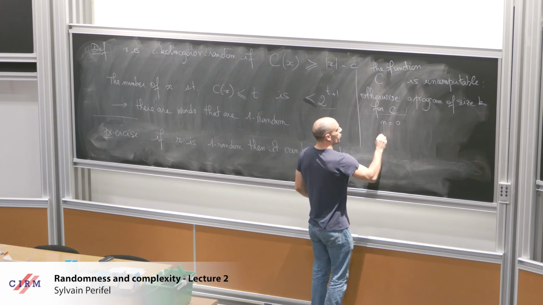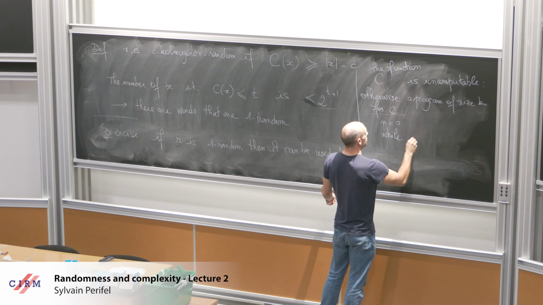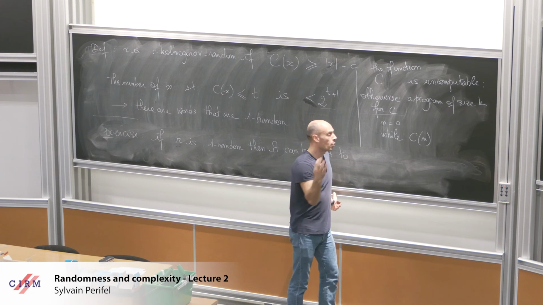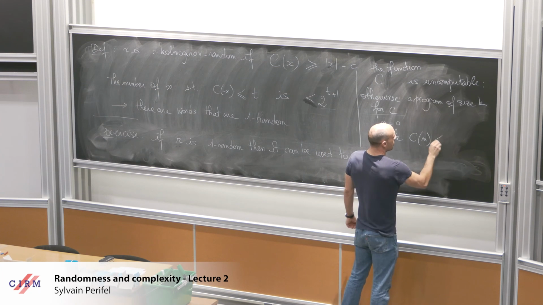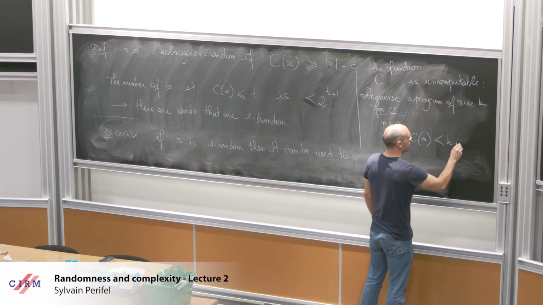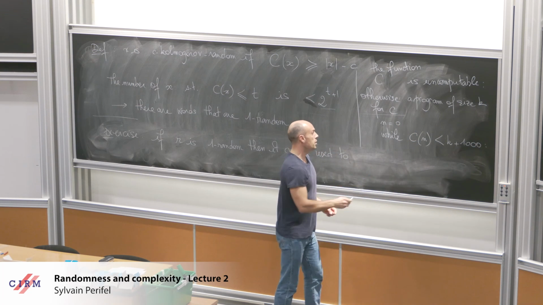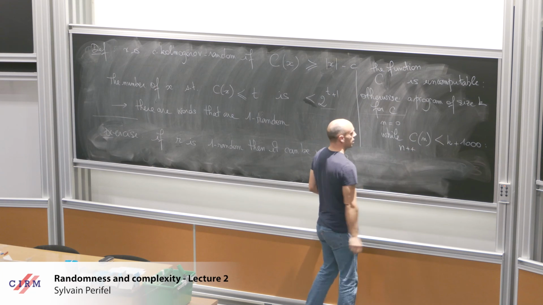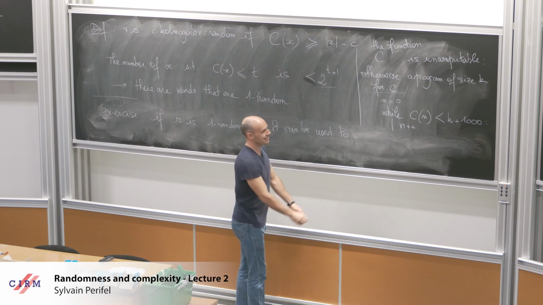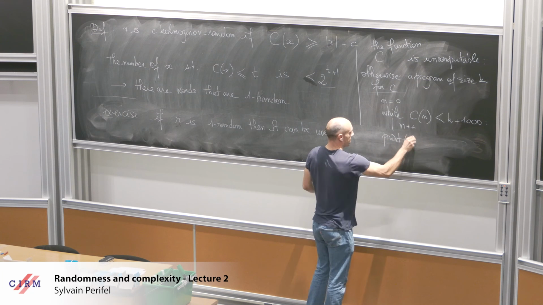While the Kolmogorov complexity C of n, an integer or a word, is less than k plus, let's say, 1000 (it doesn't matter), you just increment n and go to the next n. At the end, you print n.